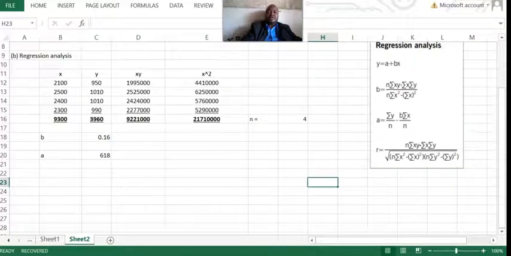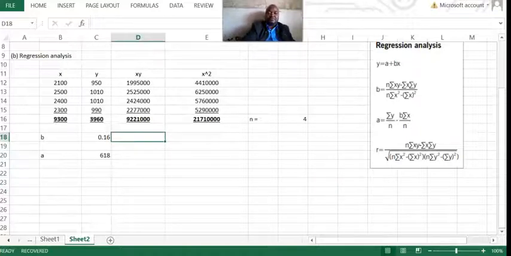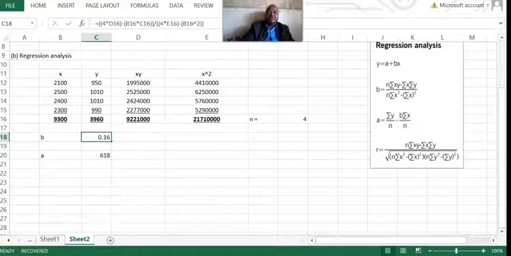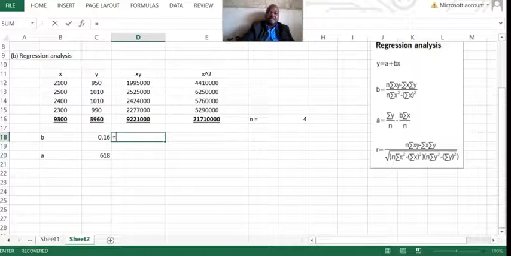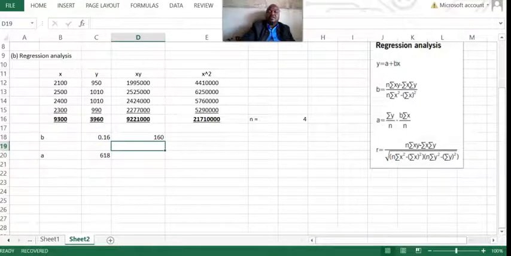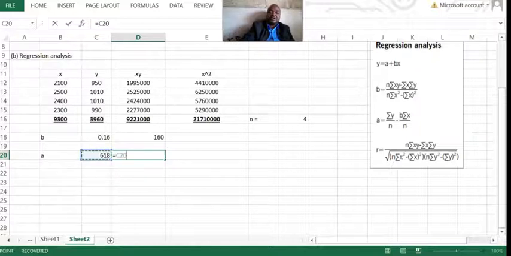So b would actually be this figure multiplied by 1,000, we get our 160. Similarly, this one, a, should be that figure multiplied by 1,000.